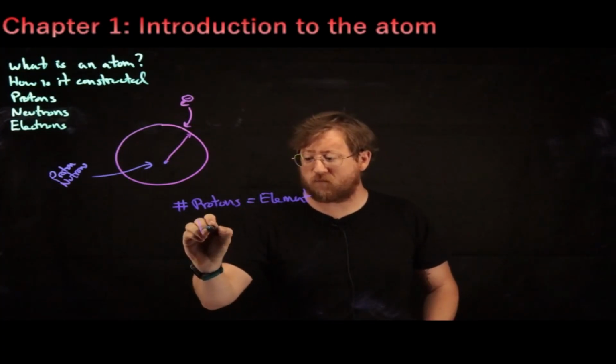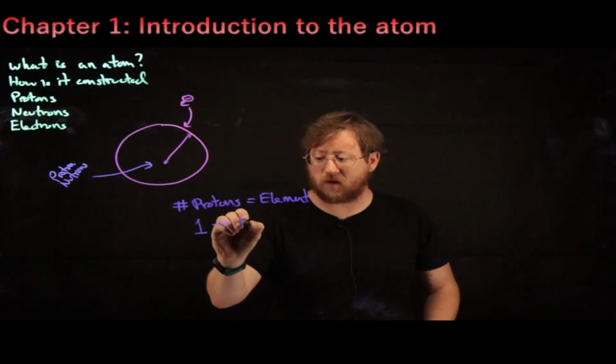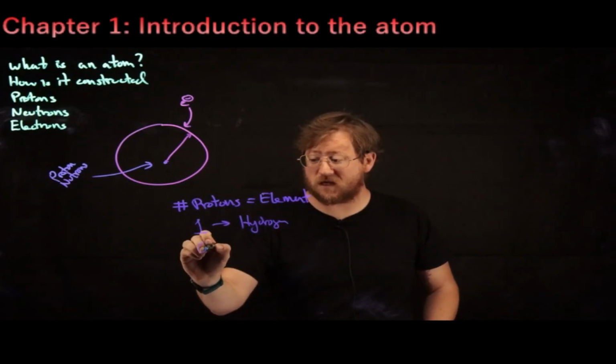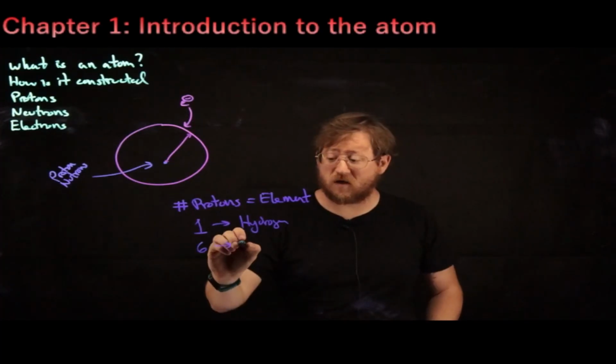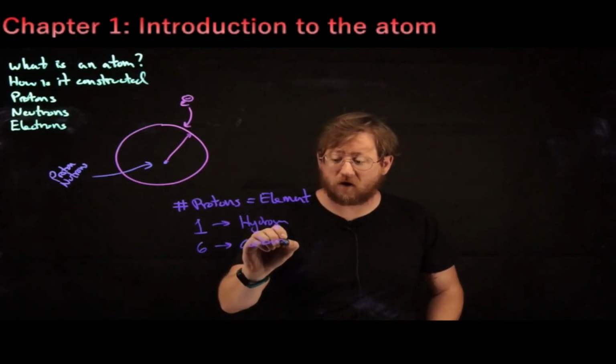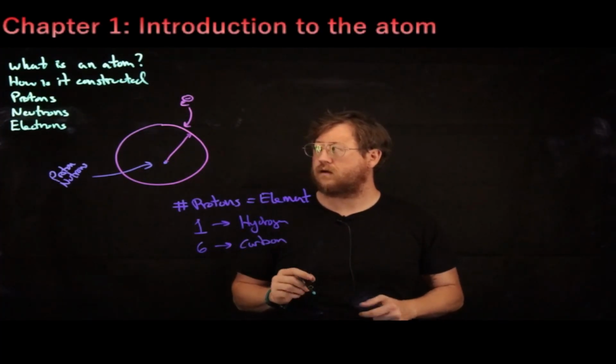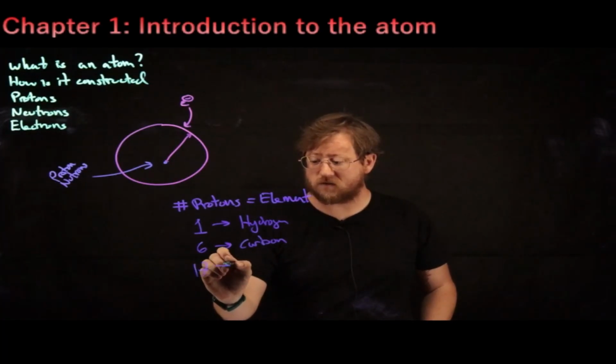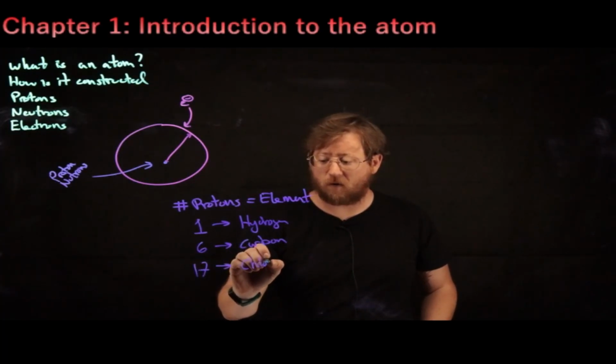So if we have 1 proton, that's going to be hydrogen. If we have 6 protons, that's going to be carbon. We're going to talk a lot about carbon in organic chemistry. And if we have something like 17 protons, we're going to get an element like chlorine.